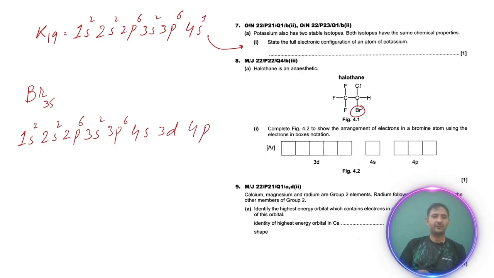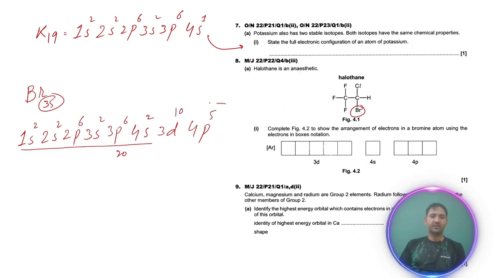So we have 35 electrons. Okay, so 6 plus 6 is 12, 14, 15, 16, 17, 18, 18 plus 2 is 20. So I'm writing here that I have completely filled 20 electrons. Now we have 15 electrons remaining. In 15, 3d can have a maximum of 10 electrons, and 4p can have a maximum of 5 electrons.